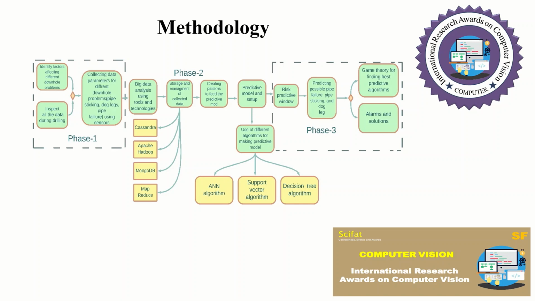In the second phase, the storage, management and use of effective algorithms will be studied. In the third phase, the usage of risk predictive windows and the usage of game theory for selection of the best algorithms, and the display of solutions or alarms will also be explained.